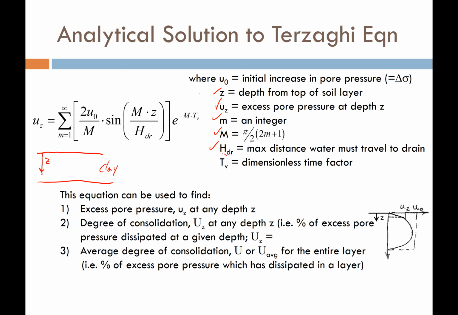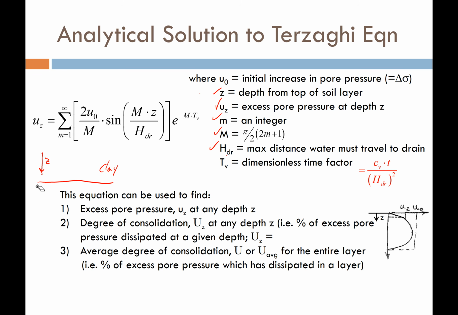But what I want to introduce and talk about right now is this T_v term that is called a dimensionless time factor. And T_v relates to the coefficient of consolidation using this equation right here. So T_v is a function of our coefficient of consolidation, and it's a function of the maximum distance that a drop of water would have to travel to escape from our clay.